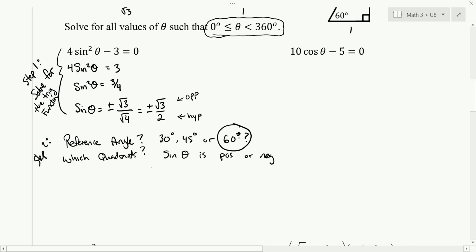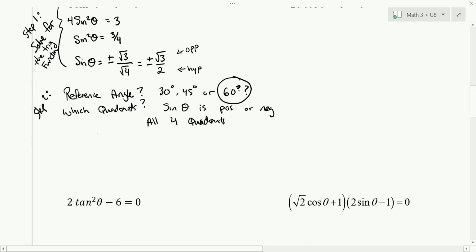And so we said all 4 quadrants. Now we know our reference angle is 60 degrees, and we know this is going to happen in all 4 quadrants. So then draw 60 degrees in all 4 quadrants. Remember, the reference angle is always from your x-axis, never the y-axis.